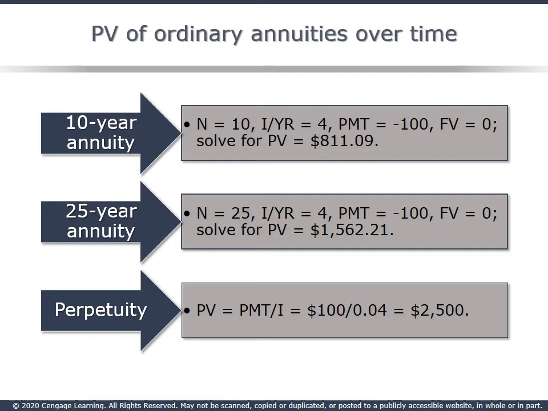To find the present value of a perpetuity, we take the annuity payment and divide by the appropriate interest rate or discount rate. So if we have a $100 perpetuity and the appropriate rate is 4%, then the present value of a series of $100 that goes on forever is only worth $2,500.